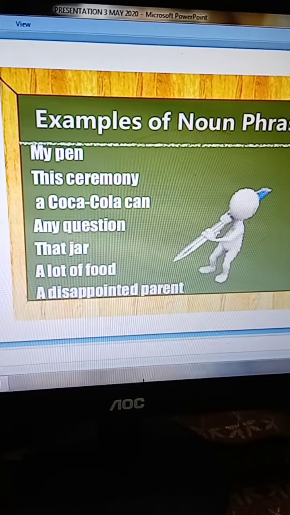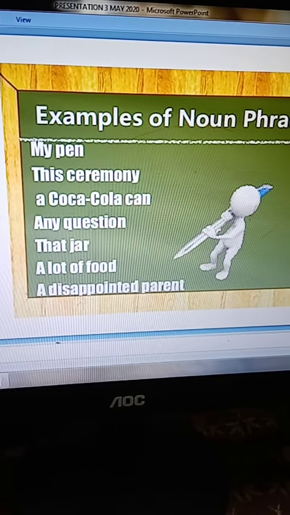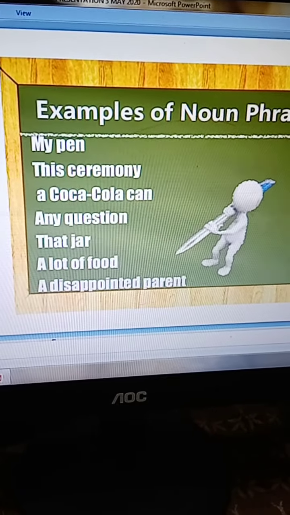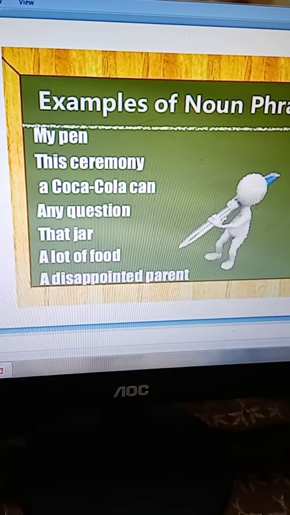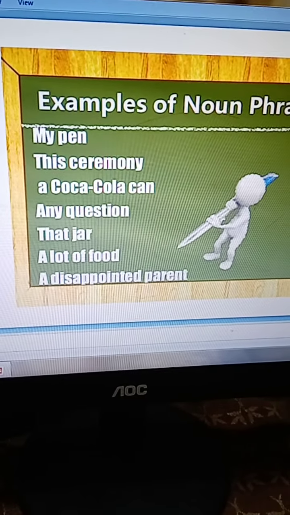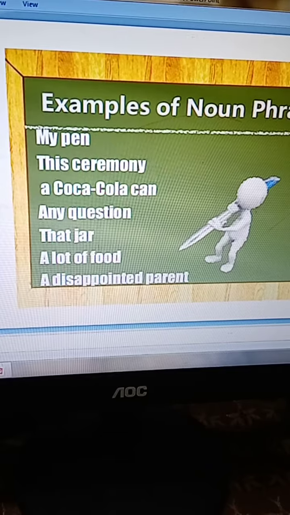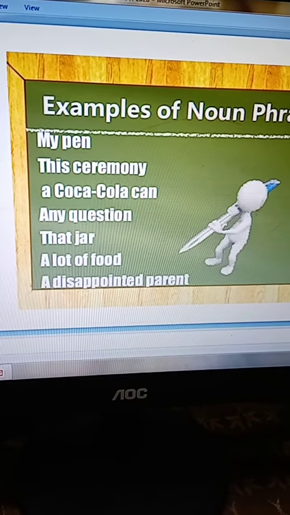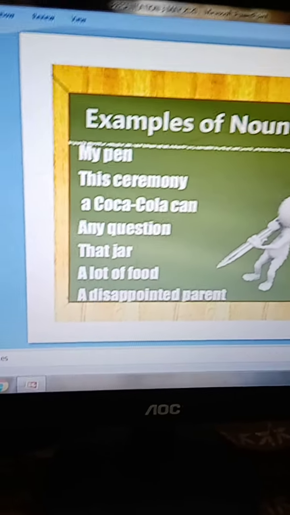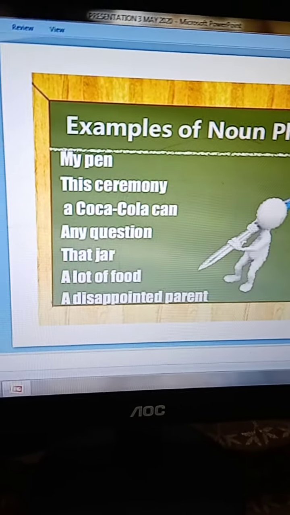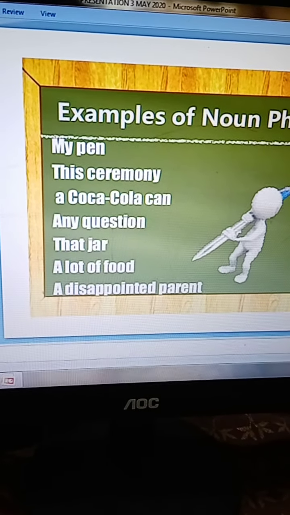Whatever words you see used before the noun are determiners. Pen, ceremony, Coca-Cola can, question, jar, food, disappointed parent, these are all nouns. And the words used before these nouns are determiners.